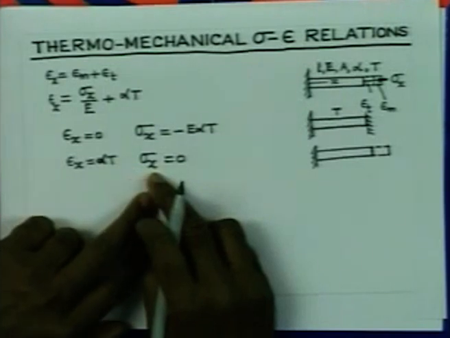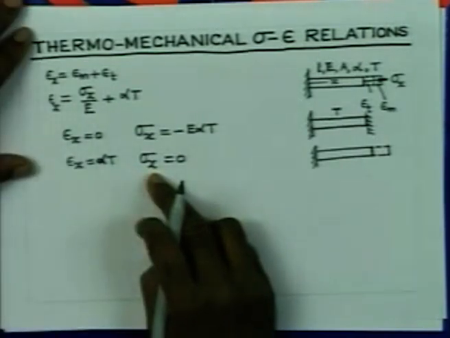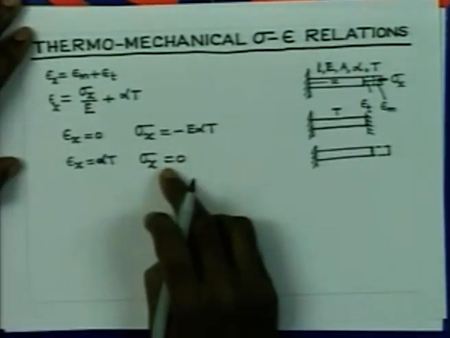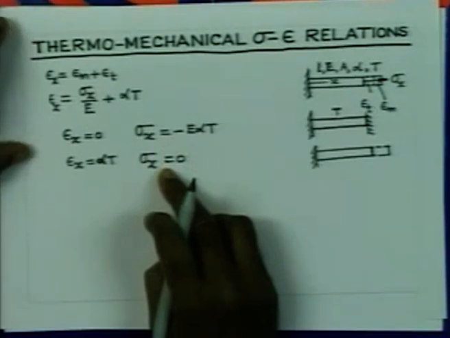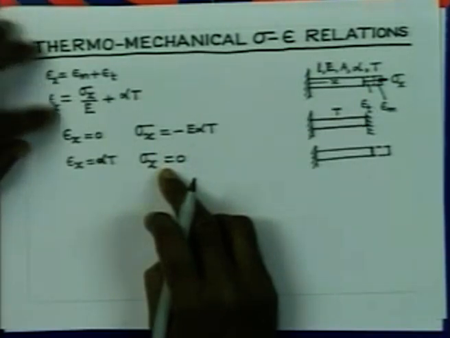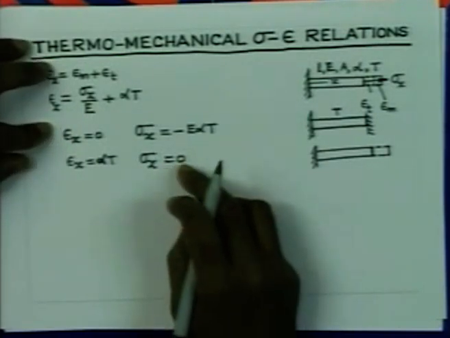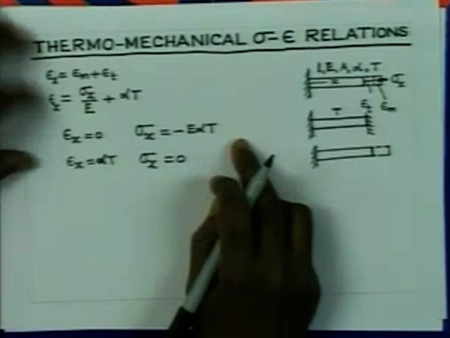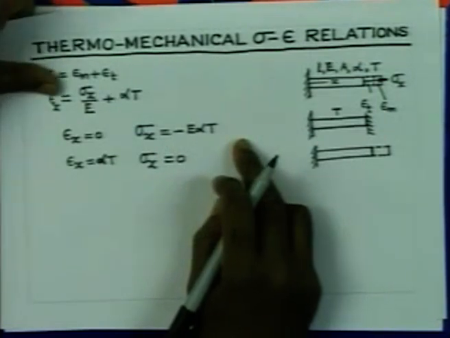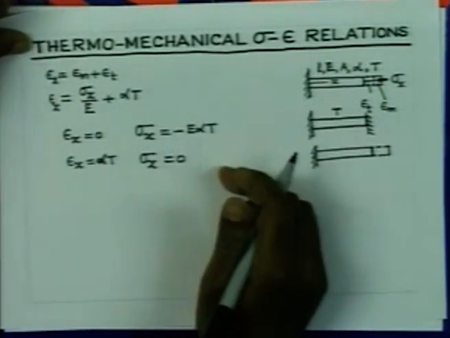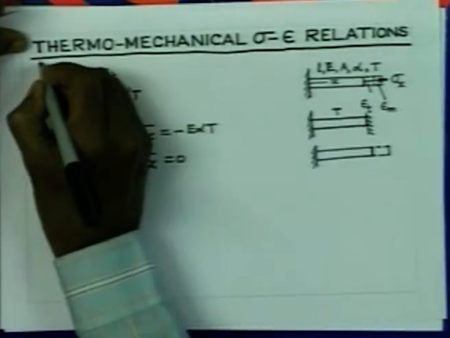So, whenever there is constraint on the thermal expansion, you are going to have stress in the material, and this thermal stress in one dimension is going to lie all the time in the range 0 to minus E alpha T. So, this is really the picture in the case of one dimension.